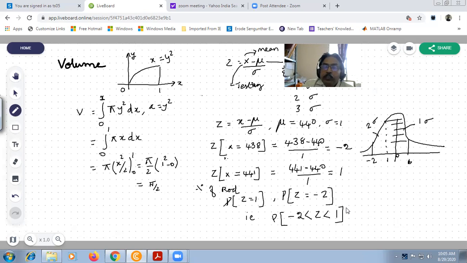So this is equal to 0.3415, that is 1 sigma, plus this area, 0.3415, plus 0.1360.